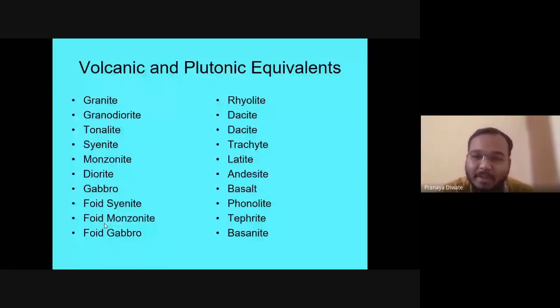In the next lecture we will also see sedimentary, metamorphic and igneous rocks, so you have to identify those rocks. That is what is known as the volcanic and plutonic equivalent of each rock.